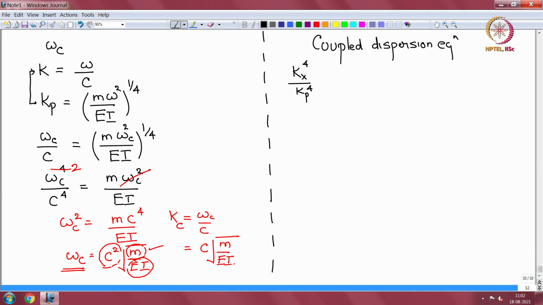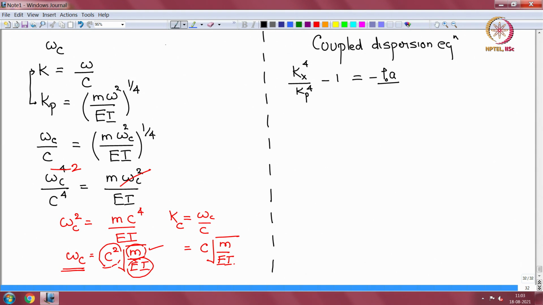Okay. Kp is the plate wave number, kx is the unknown coupled axial wave number, okay, and it is equal to minus rho 0, I will put 0 to mean fluid density.